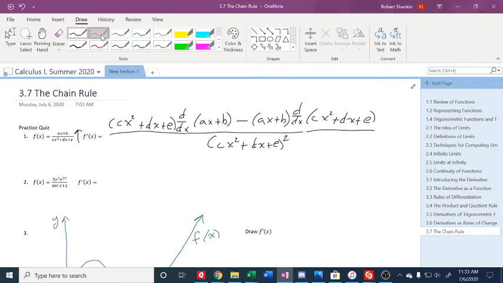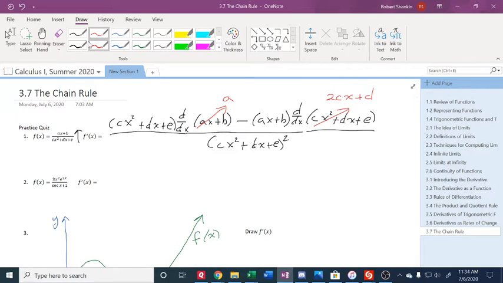And then this derivative with respect to x is just a, because that's a constant like 5x plus 2. The 2 would go away and the 5 would be all that remains. And this derivative is 2cx plus d, and that's it.